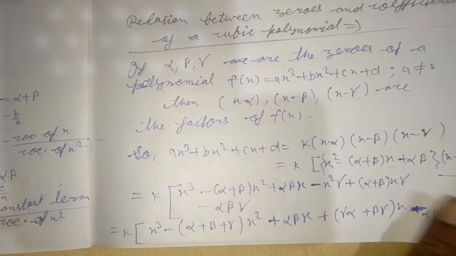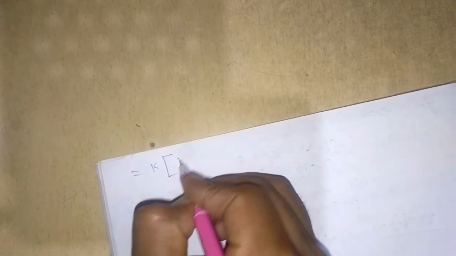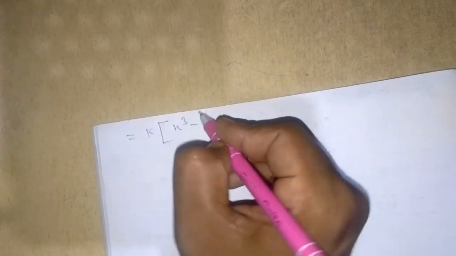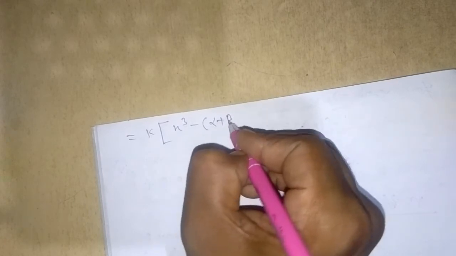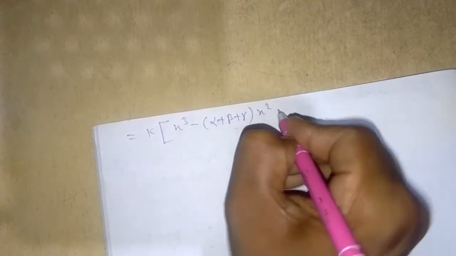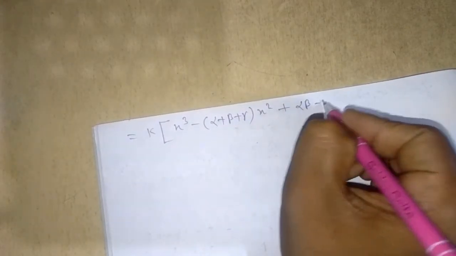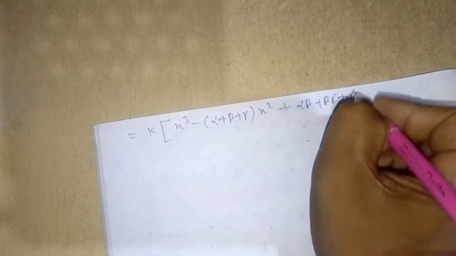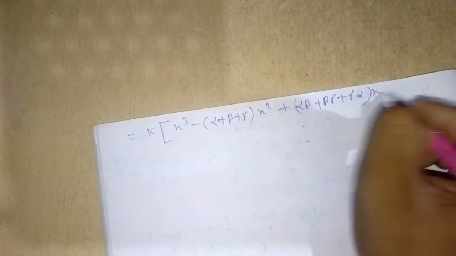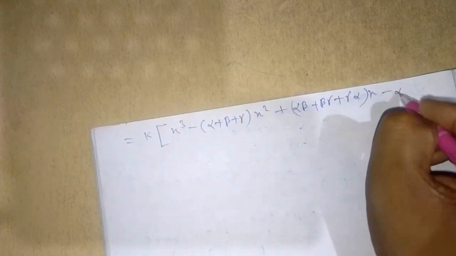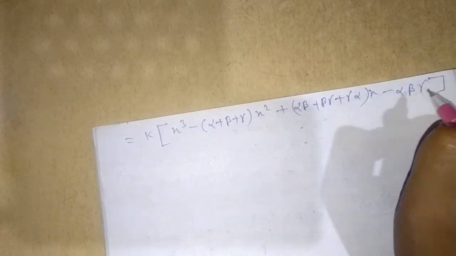So our next line will be k outside: x cube minus (alpha plus beta plus gamma) x square plus (alpha beta plus beta gamma plus gamma alpha) x minus alpha beta gamma.